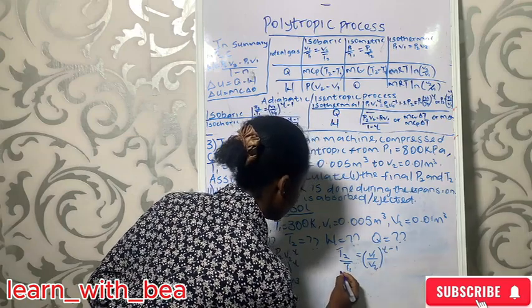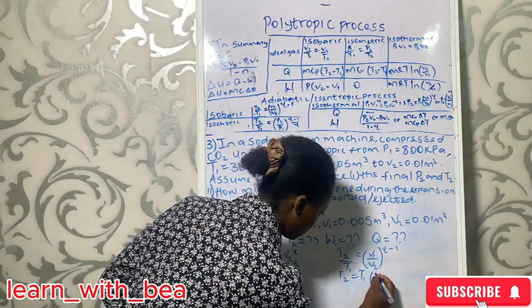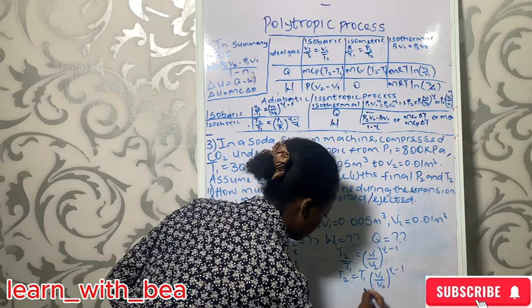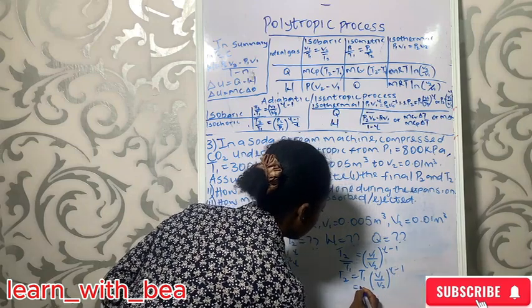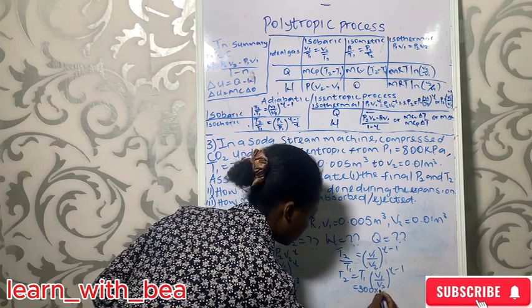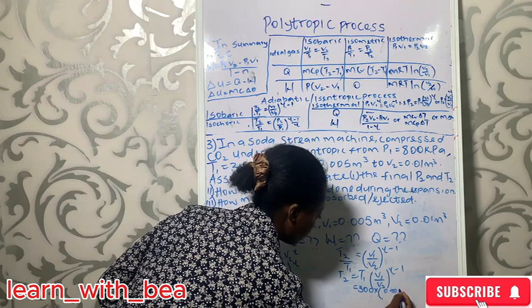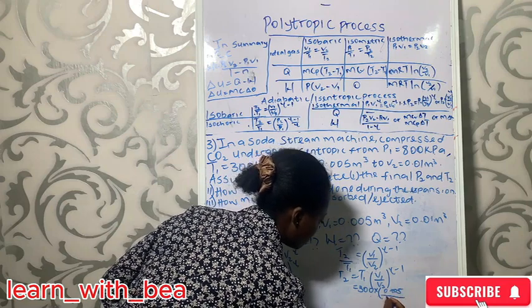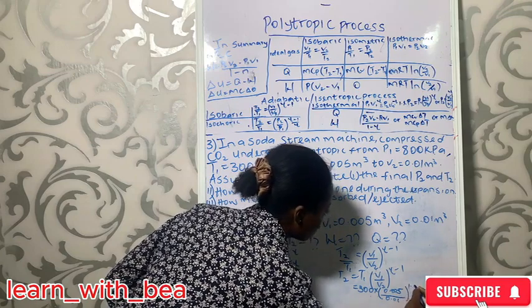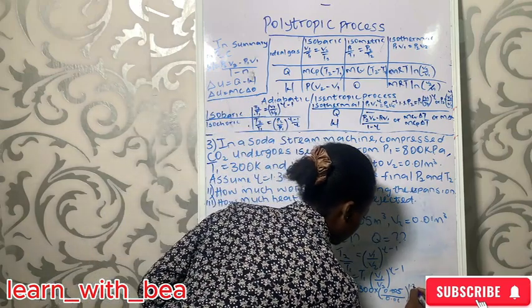So what's our T2 now? That's what we are looking for. So it will be T1 times V1 over V2 to the power gamma minus 1. T1 is what? 300. Then multiply by what's V1? 0.005. Then 0.01 raised to the power, what's gamma again? 1.3 minus 1.